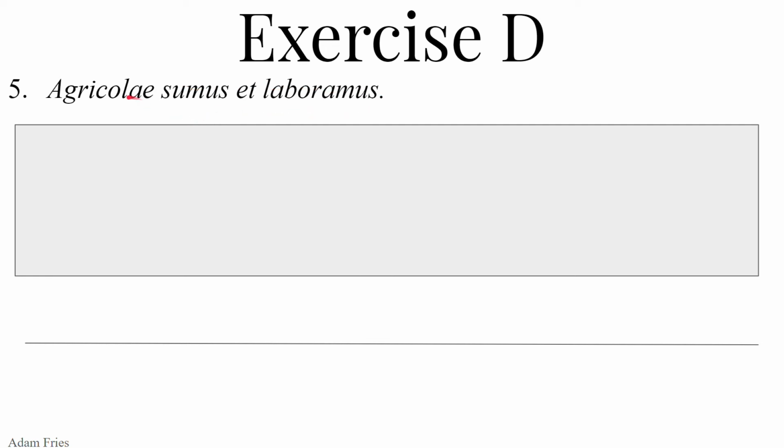5. Agricolae sumus et laboramus. So agricolae, from agricola, masculine, farmer. So agricola, farmer. We have agricolae, this is going to be nominative plural, and either the subject or the predicate nominative, probably going to be the subject, but we don't know.